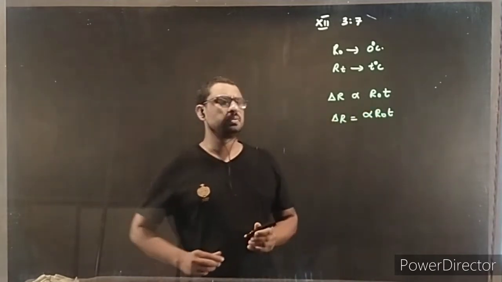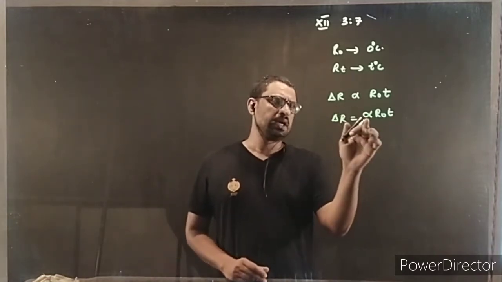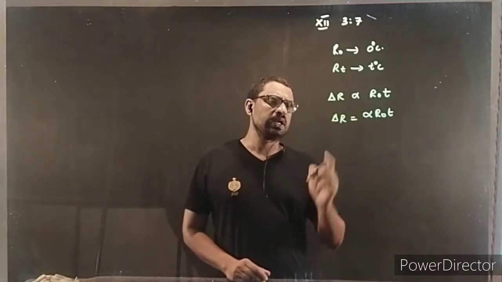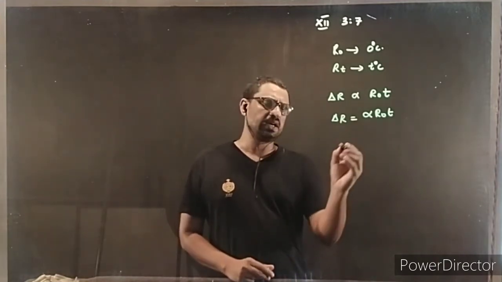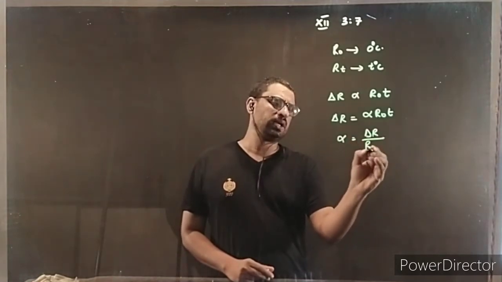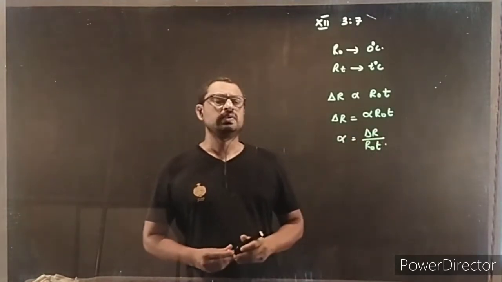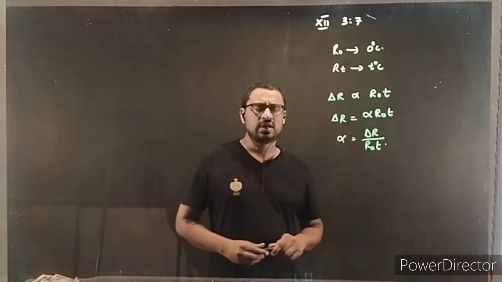Don't take both as two, both are same. So delta R equals alpha R0 T. What is alpha? Alpha will be delta R by R0 T, which is the fractional change in resistance for unit rise of temperature.